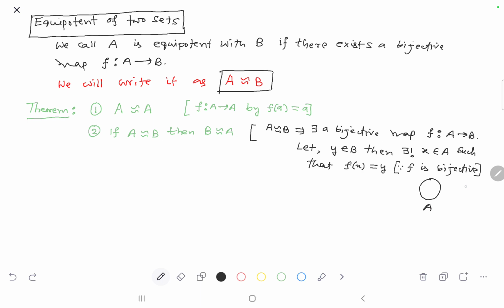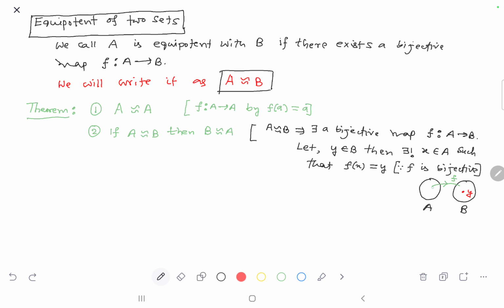A is this set and B is this set. We have a map from A to B; this is the F map. Now we want to construct a new map from B to A. So how do we do this? We take any element y from B. Now we have to assign a unique element inside A. How are we doing that?